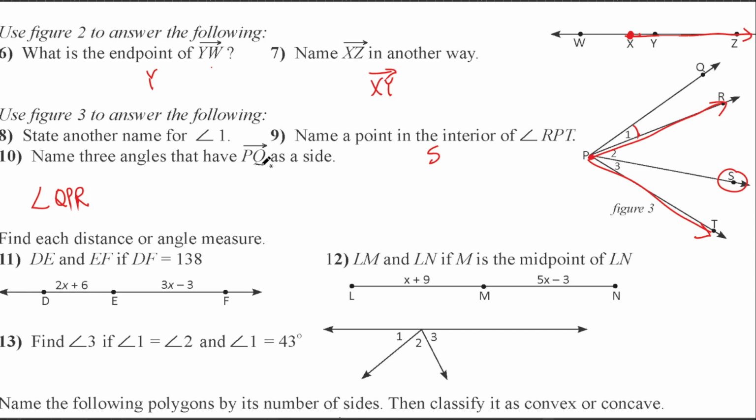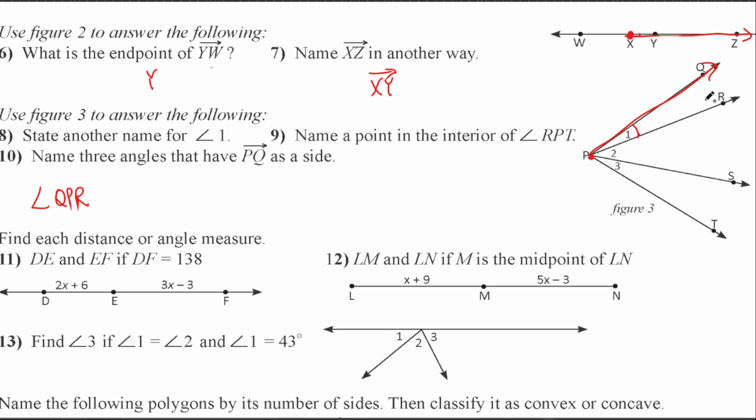This one says, name 3 angles that have ray PQ as a side. So I'll tell you what, let's get rid of some of that mess. All right. Name 3 angles that have ray PQ as a side. We'll find out where ray PQ is. It's this one right here. Name 3 angles that have this as one of the sides. Well, we already named one earlier, didn't we?